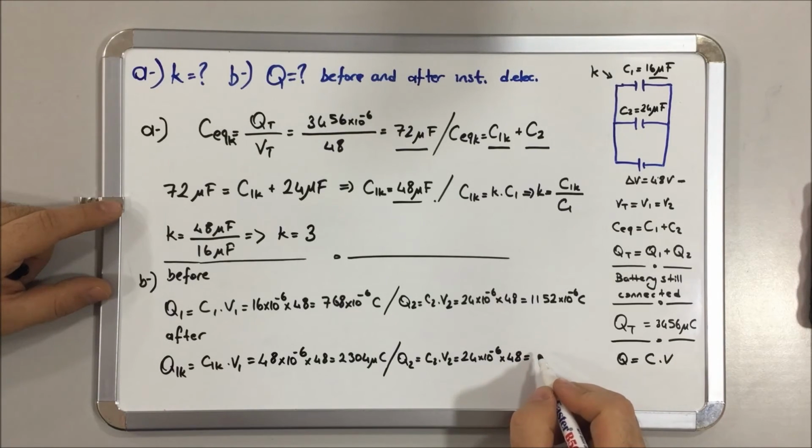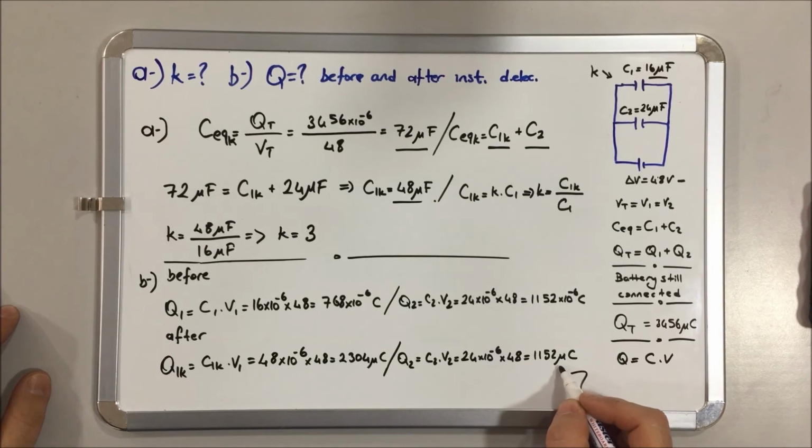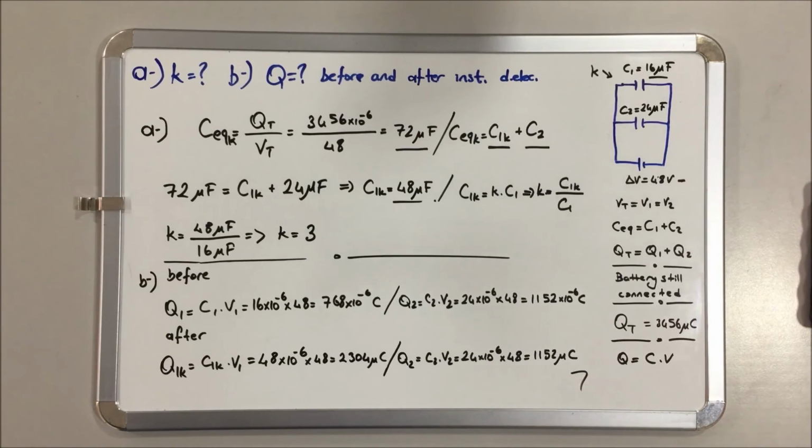So the result will be 1152. You can write it as micro or 10 to the minus 6, whichever you prefer. You can write it as micro coulomb. Thanks for listening.